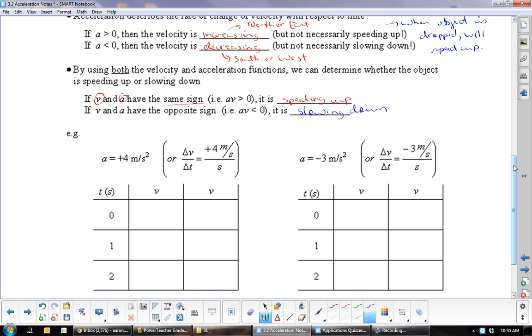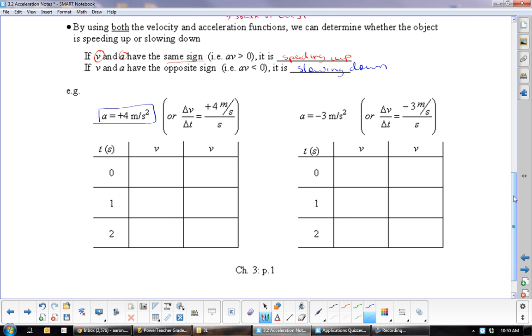Okay, so say we have something where acceleration is positive 4 meters per second squared. Let's just do a velocity greater than 0, and of course, let's do velocity less than 0.